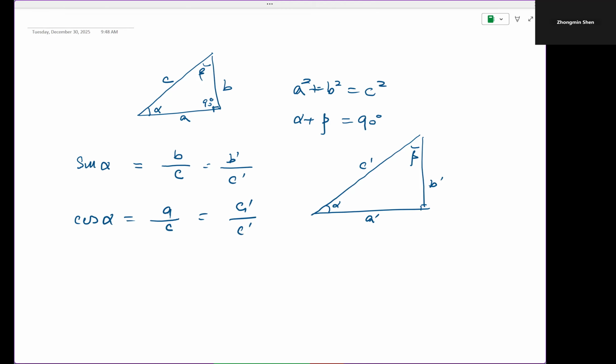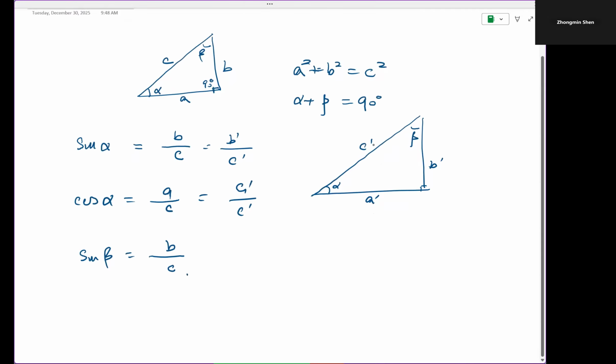You can also write down sine beta. For sine beta, you have to turn around, right? It should be B over C... Sorry, sine beta is A over C, and cosine beta will be B over C. That's interesting.